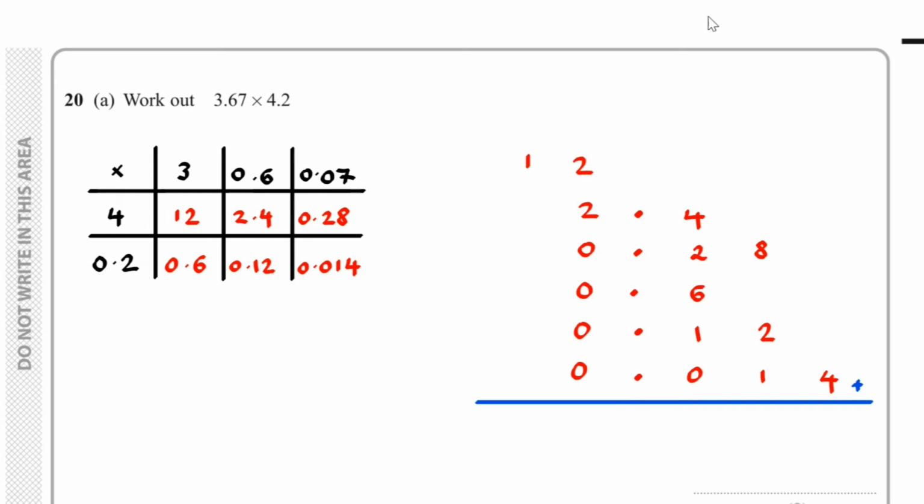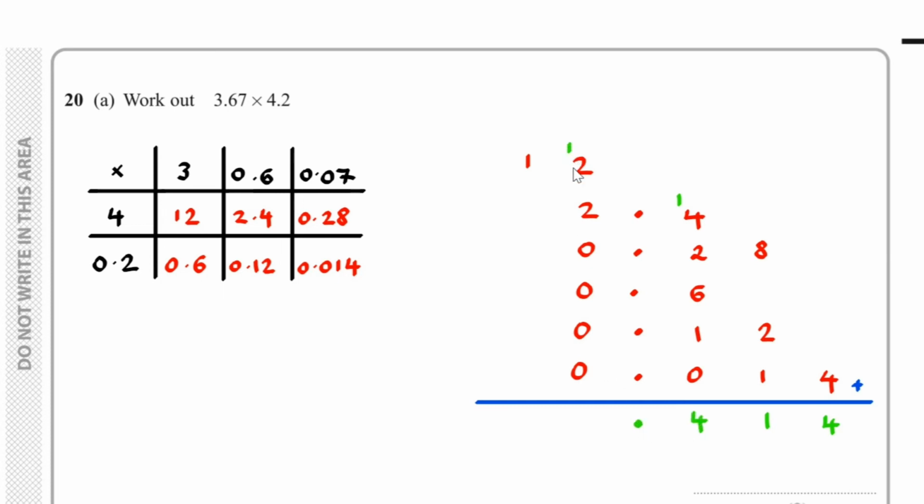And so here we have 4, 8, 2 and 1. That gives 11, so we carry the 1 here. 1, 4, 2, 6, 1 and 0 added together. That gives 14, so we have the 4 over here.